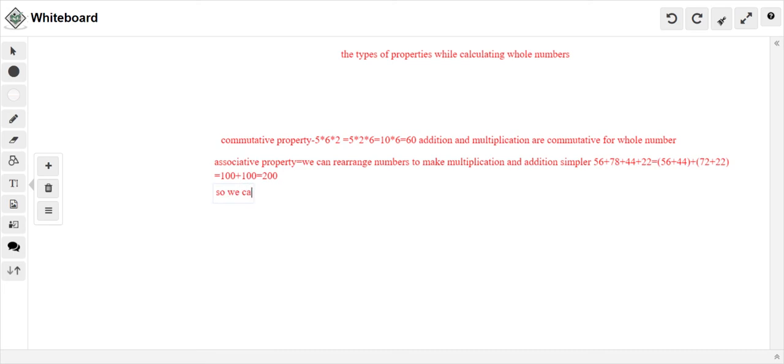We can also say that addition and multiplication, mind it, not subtraction, I was just saying it mistakenly, are associative for whole numbers.